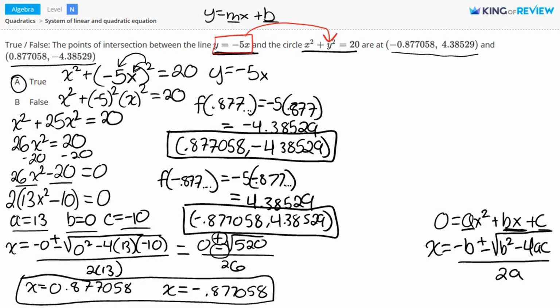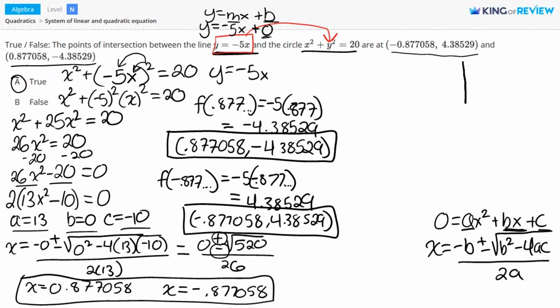So this equation could be written as y equals negative 5x plus 0, because it does not have any other terms after the negative 5x, so we know that the y-intercept is 0.